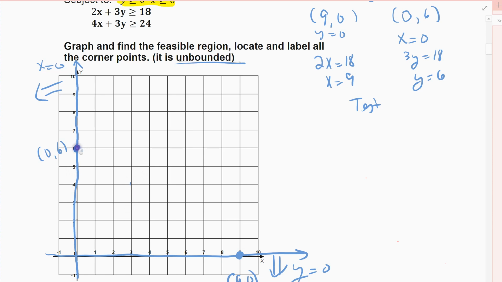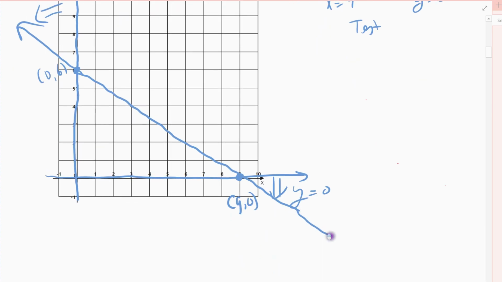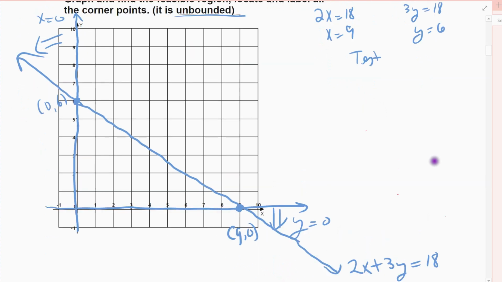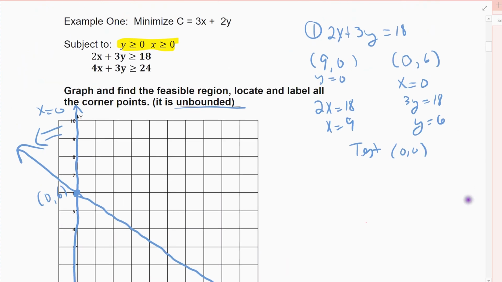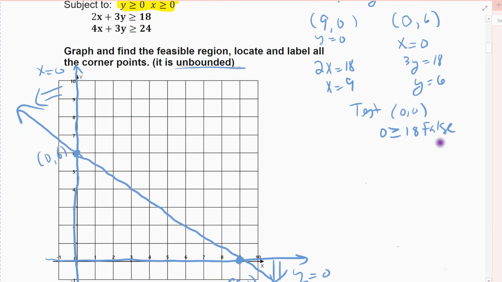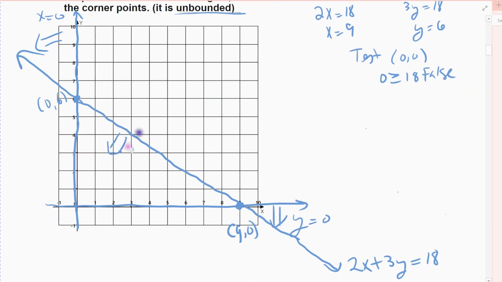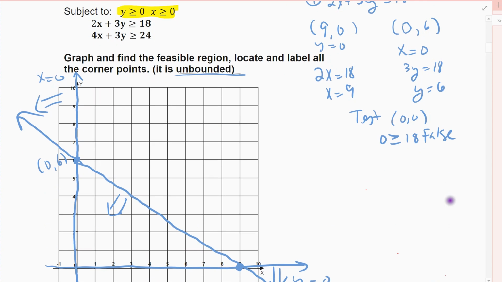Again, I don't have a straight edge to use with my tablet, but I'm going to do as good as I can, which again is not perfect, but it's the best I'll do. My blue line represents 2x plus 3y equals 18. (0, 0) does land to one side, so I'm going to test (0, 0). If I go back and look at my inequality, it's 0 greater than or equal to 18. That's false, so I'm going to shade the below side. I'm going to do my shading at the end.